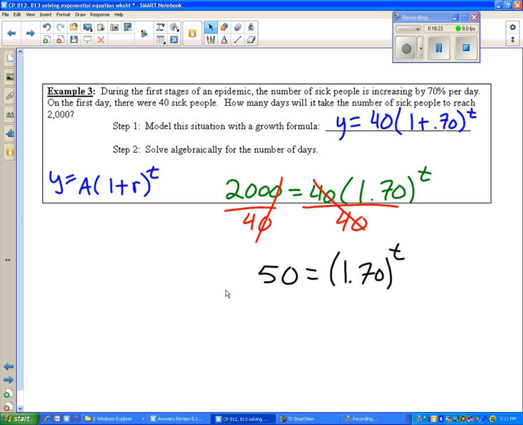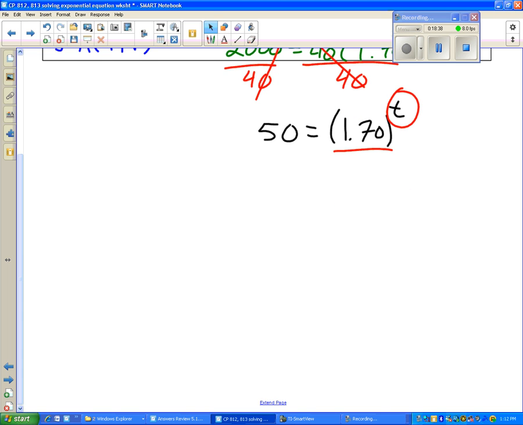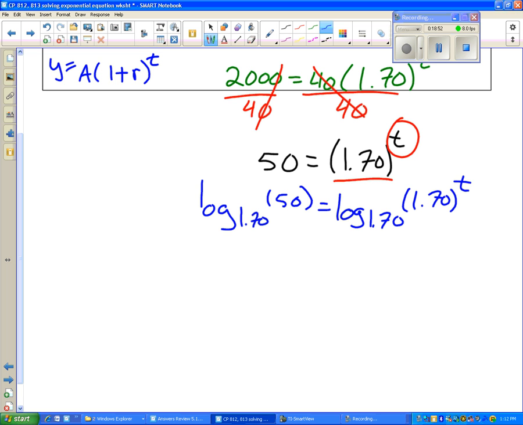I need to get that variable out of my exponent, so I have to cancel out the exponents. So I'm going to use logs. 1.70 is my base, so it's going to be the base of my log. So log base 1.70 of 50 is equal to log base 1.70 of 1.70 to the t power.